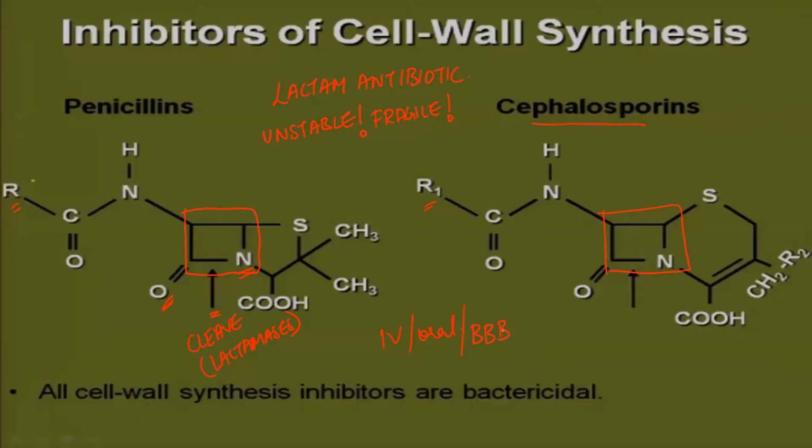These type of situations. Now that bond that is weak here will be the primary mode of resistance developed by these bacteria to these chemicals. So we will talk a lot about classifying those drugs based on whether they are beta lactamase sensitive or beta lactamase resistant.